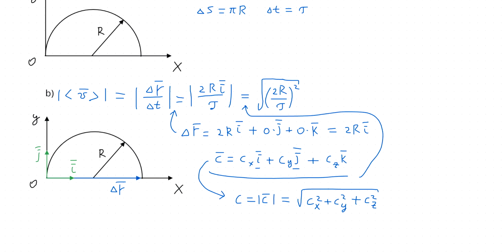Okay, and if we get this square root, we will have that it is equal to 2r divided by tau. And inside the modulus, all values are positive, so it means that we can write double r divided by tau.